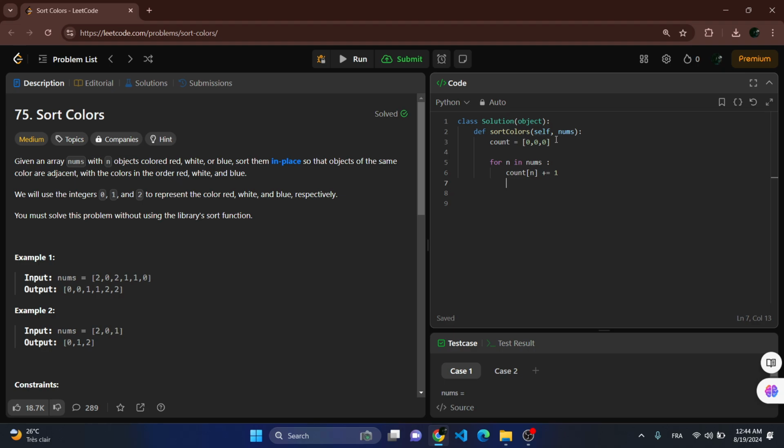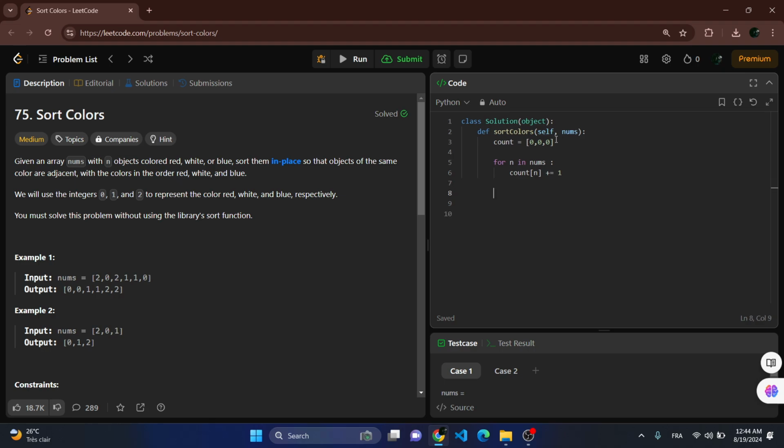With our counts ready, we now reconstruct our sorted array. We do this by iterating over our count array and placing the numbers back into our original array based on their counts.